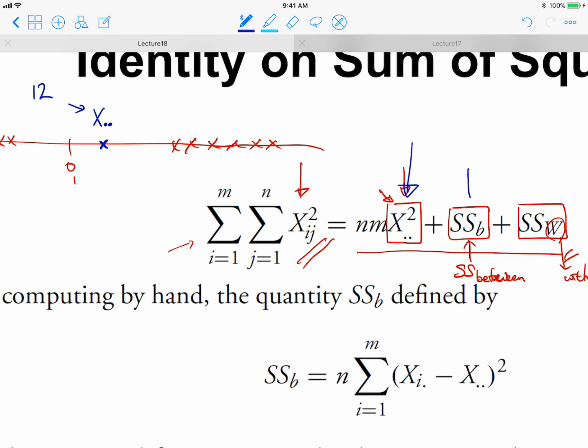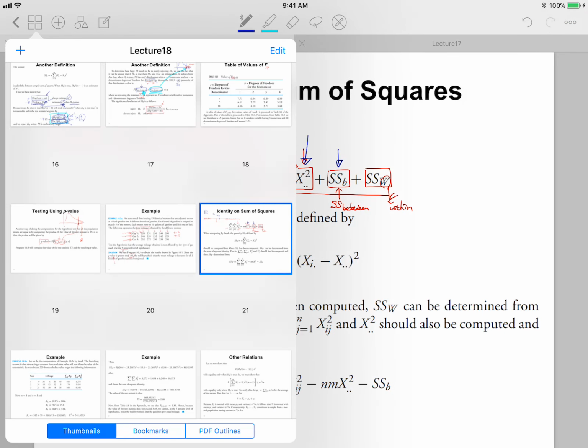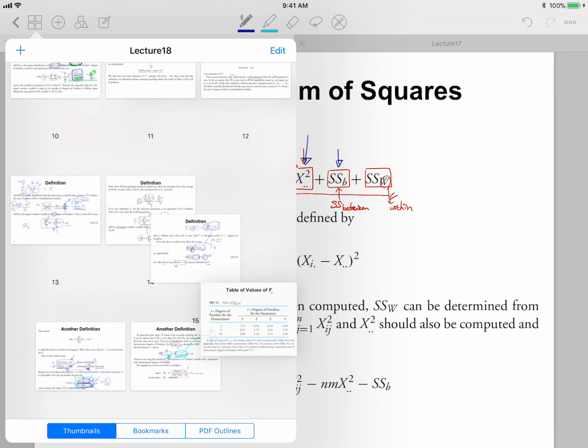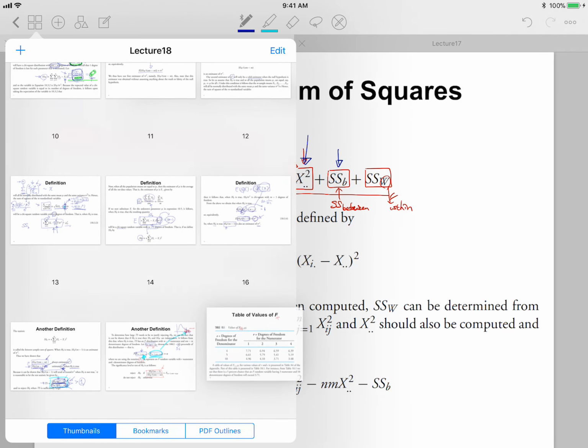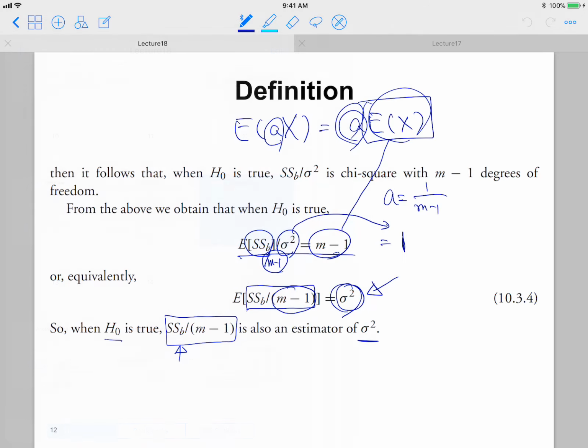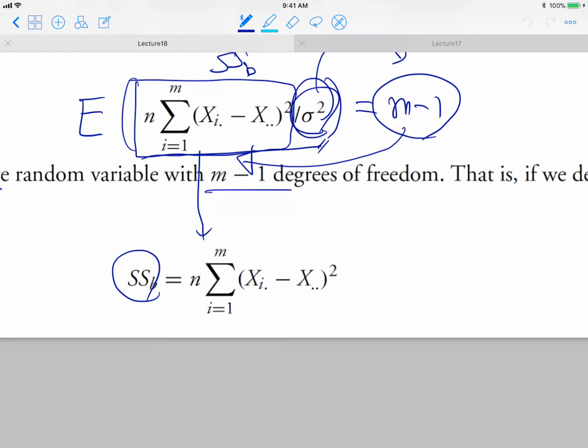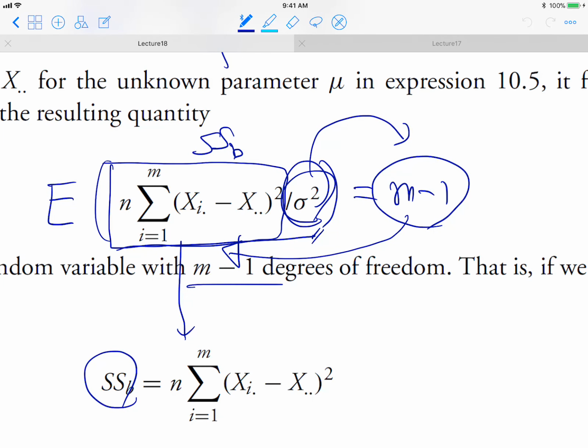And then what is this SSOB? Let's look at SSOB again. Okay, so this was the definition of SSOB. What was this one?